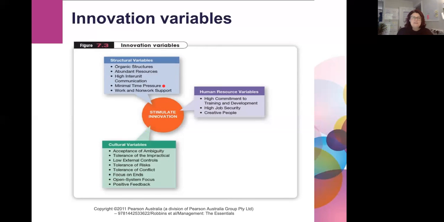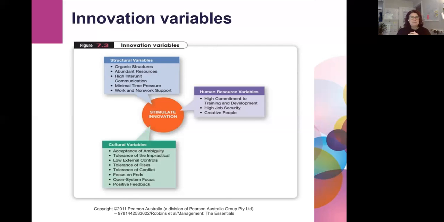Minimal time pressure, which is not usually the norm these days, but so having space to create that minimal time pressure and punctuate that through the year or the week.